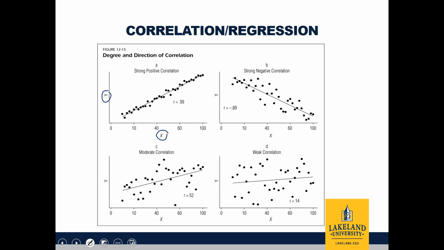So, for instance, the number of hours that you spend studying would be our independent variable, and then our dependent variable would be the score on your final exam. And so the hypothesis would probably be that the more you studied, the better you did on your exam. And so that's how we plot that out in terms of a correlation.